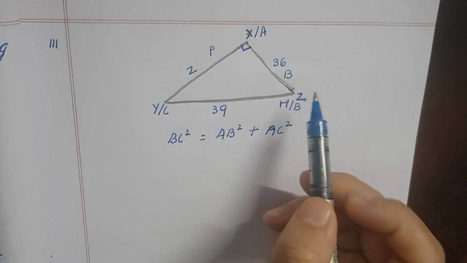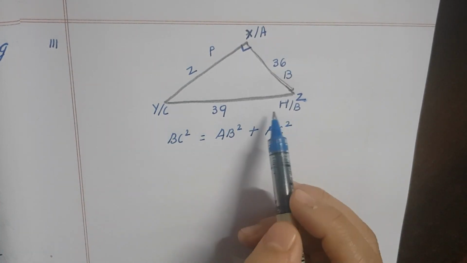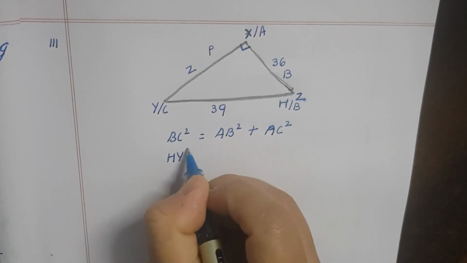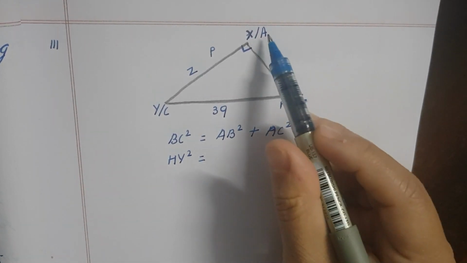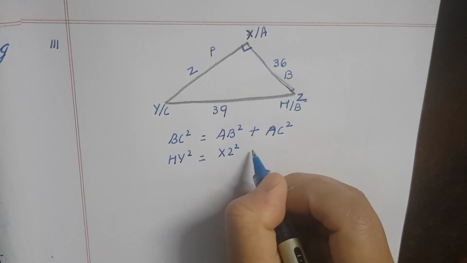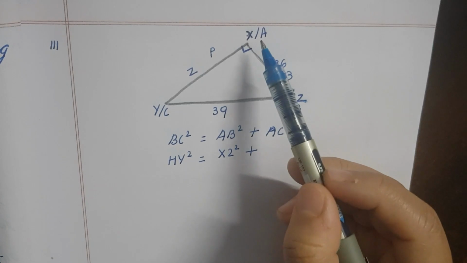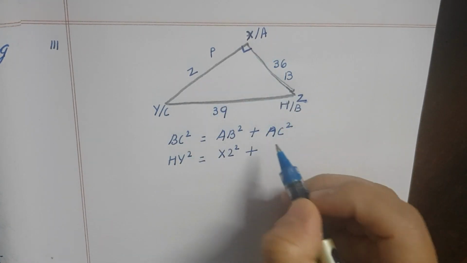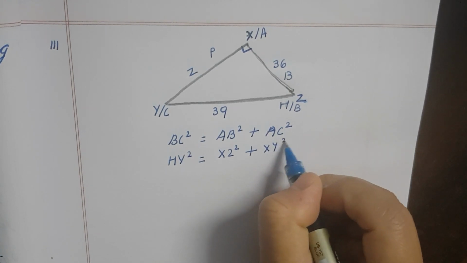So BC square என்னது நம்மளுக்கு இங்கே? இது B, இது C. அப்போ HY square is equal to ABக்கு வந்து XZ square plus ACக்கு வந்து it is XY square. So it is XY square.